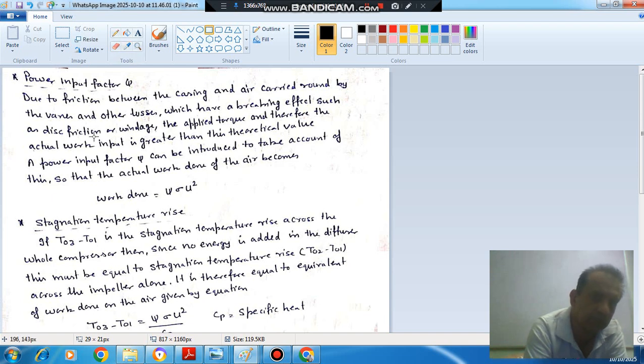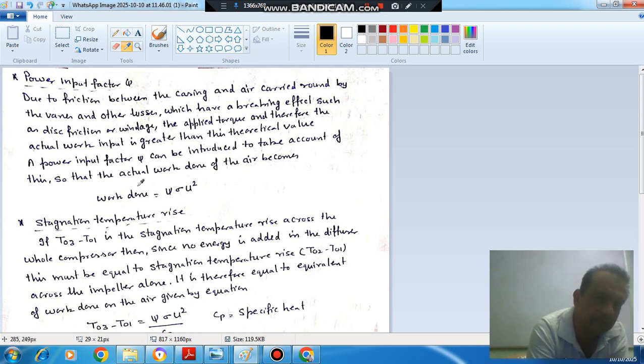Here we have not considered any friction. So there is friction, disk friction, windage friction. If we consider this friction also, then we have to define one more term, that is your power input factor. That friction increases the work required to attain a particular temperature or particular pressure rise.